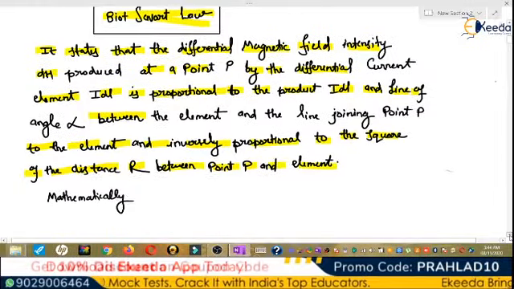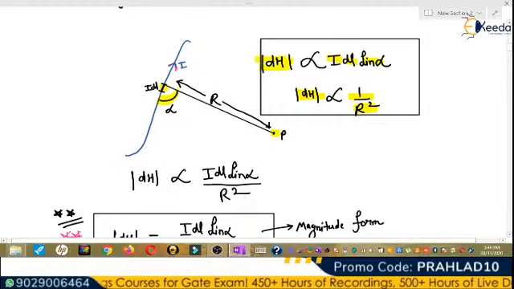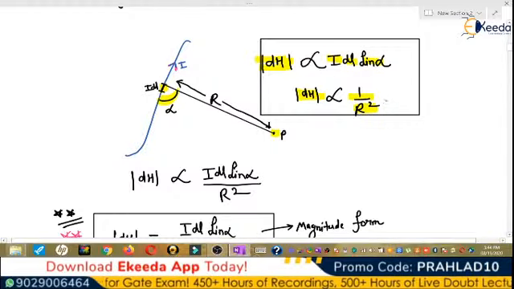So mathematically, we write here, if this is the angle alpha between the small section I dl and point P, so mod of dH is proportional to I dl sine alpha, and mod of dH is proportional to 1 over r square. So mod of dH is proportional to I dl sine alpha by r square.